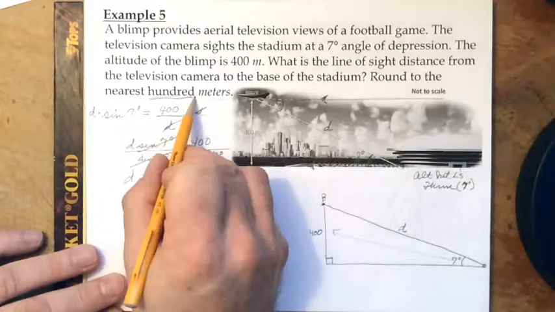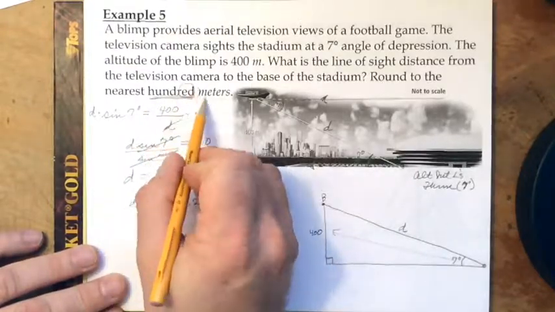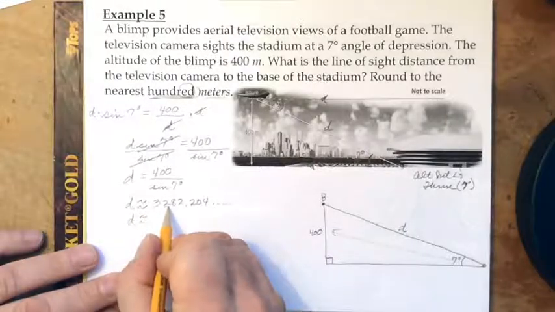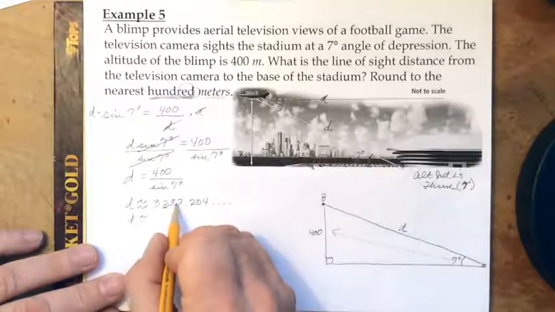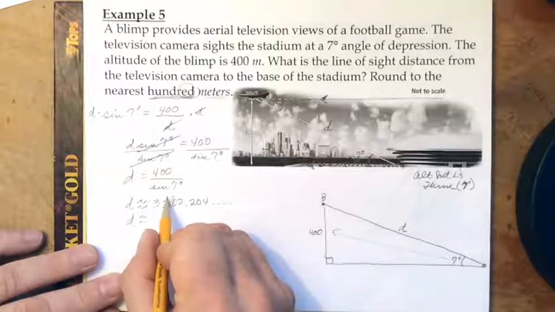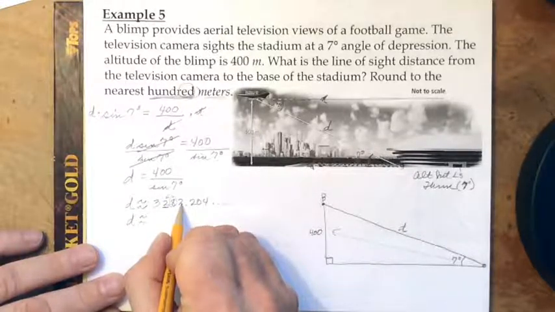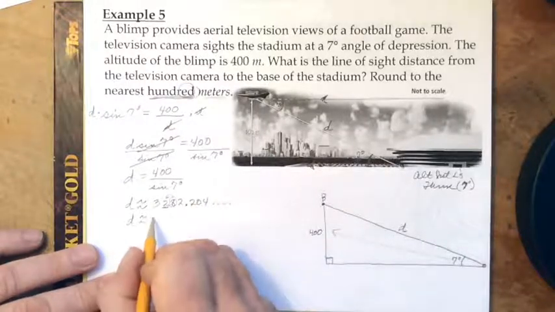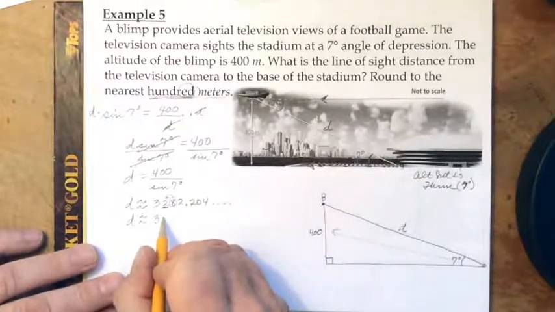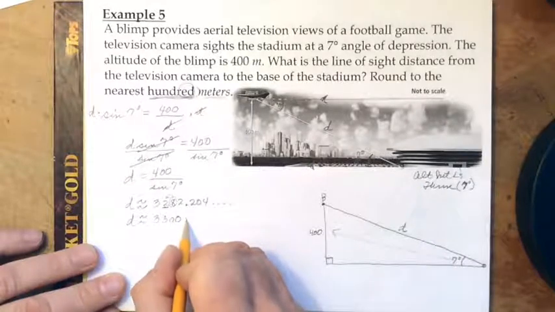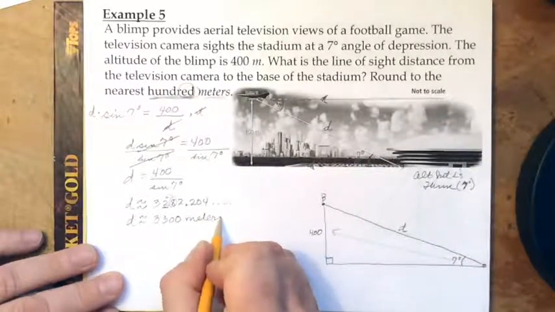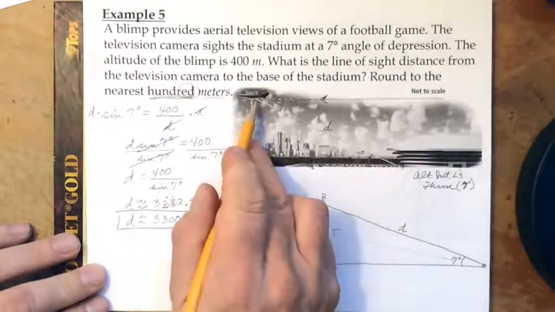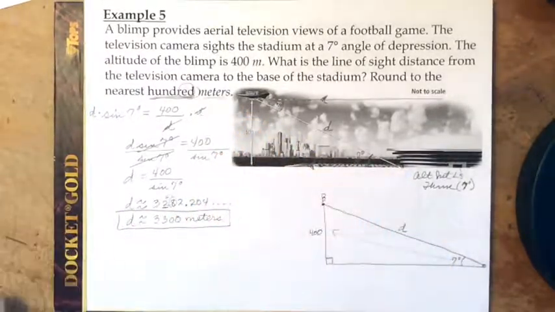But they wanted us to round to the nearest 100 meters, and so this is the hundreds place, so we look at the next place. This is 8. It's going to push this one up 1, and then these become zeros, and we need those zeros because they're before the decimal point. And then all these become zeros. So we have 3,300 meters. So about 3,300 meters from the television crew down to the base of the stadium.